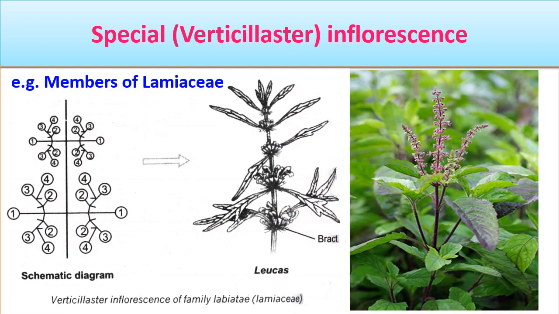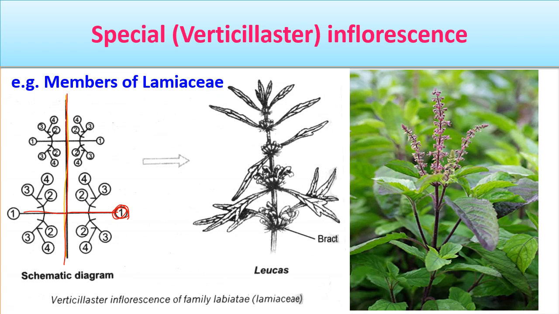Another type of special inflorescence is the verticillaster inflorescence. If you see this way, this is the axis of inflorescence, which is called the peduncle. Laterally it has one more axis that you can see. So it is terminating with a flower.